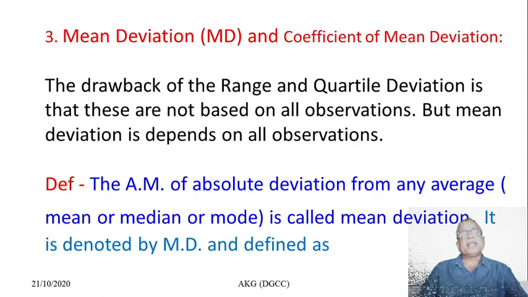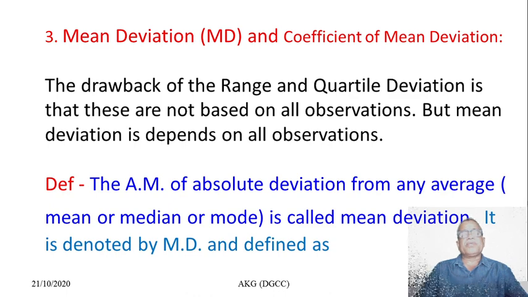We only take the interquartile range, Q3 minus Q1, and divide by 2. That means range and quartile deviation, both these measures of dispersion, are not based on all observations. So this is the main drawback of these two measures.